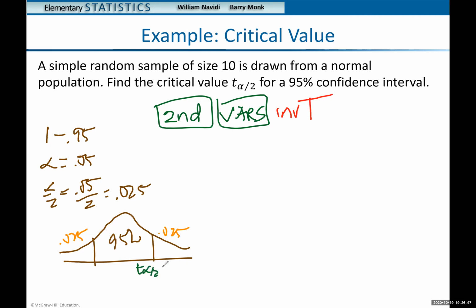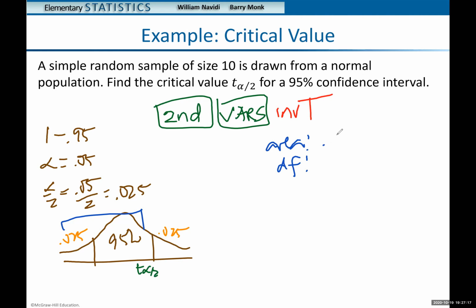So when you use inverse t, you will see two things: area and degrees of freedom. The area is to the left of t alpha over 2. So meaning the whole thing here, 95% plus 0.025.